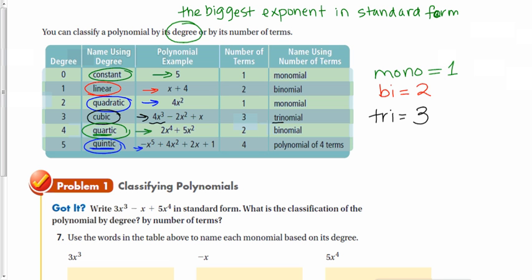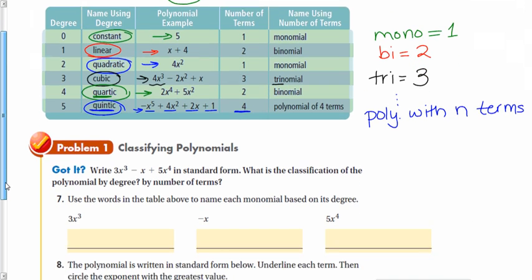This would be an x to the 5th function. In this polynomial, there are 4 different terms. We stop coming up with our prefixes right here, and we just lump them together and call it a polynomial with however many terms, a 4-term polynomial, a 5-term polynomial, etc. I don't need to worry about all of those words.